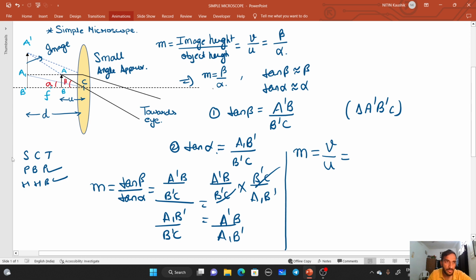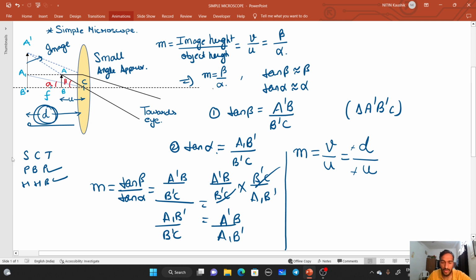The v is the distance between the image and the lens, which is clearly mentioned to be d. So we'll write here d upon u. U is just u, and both are negative because they are on the left hand side of the pole. So negative by negative will obviously give positive, right? So m is d by u or v upon u.